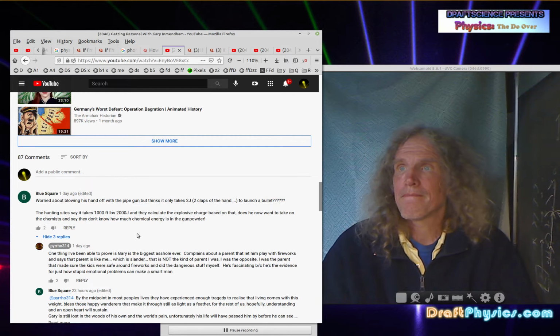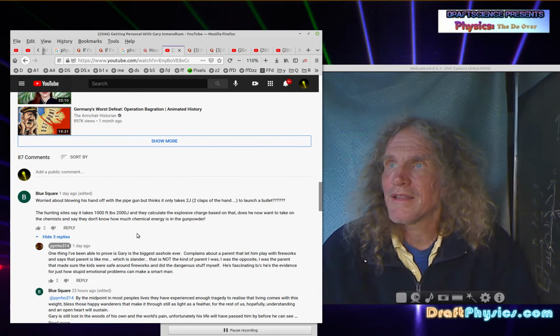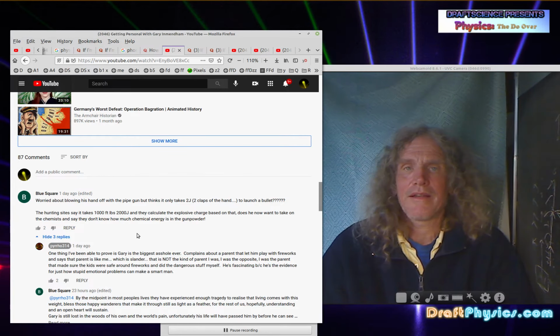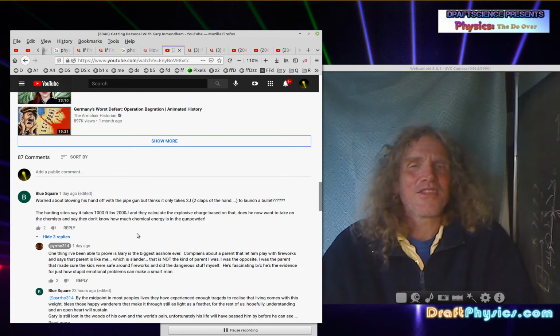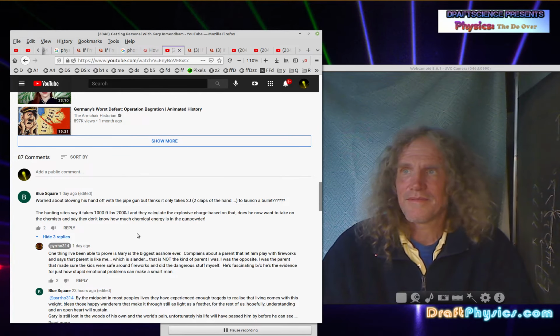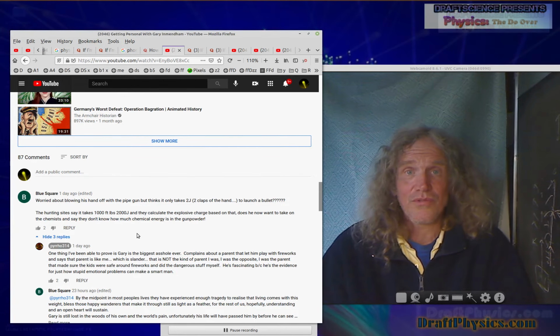Yeah. All right, and they calculate the explosive charge based on that. And again, do you think that's realistic, that there's 2,000 joules of energy inside that little tiny amount of gunpowder? You think so? I mean, 2,000 is a lot of joules. 2 kilojoules.